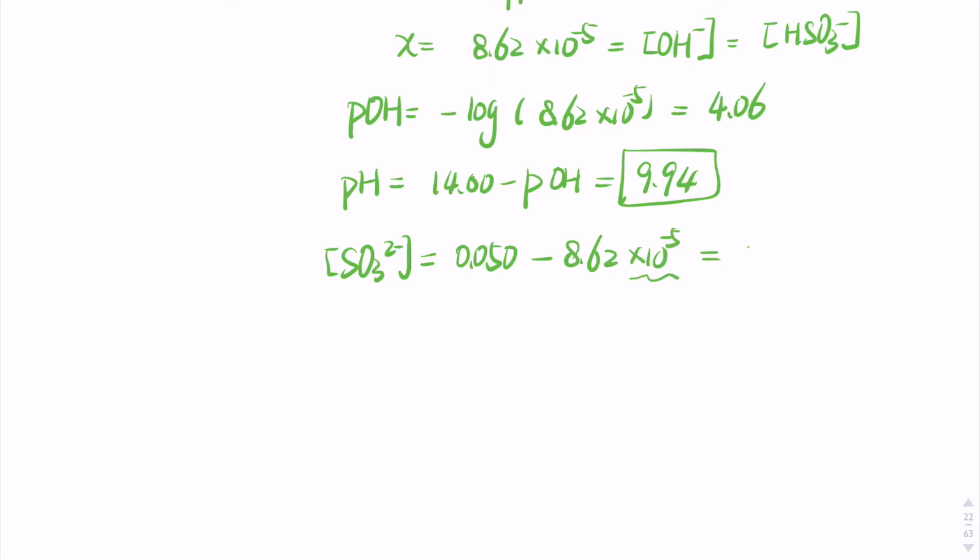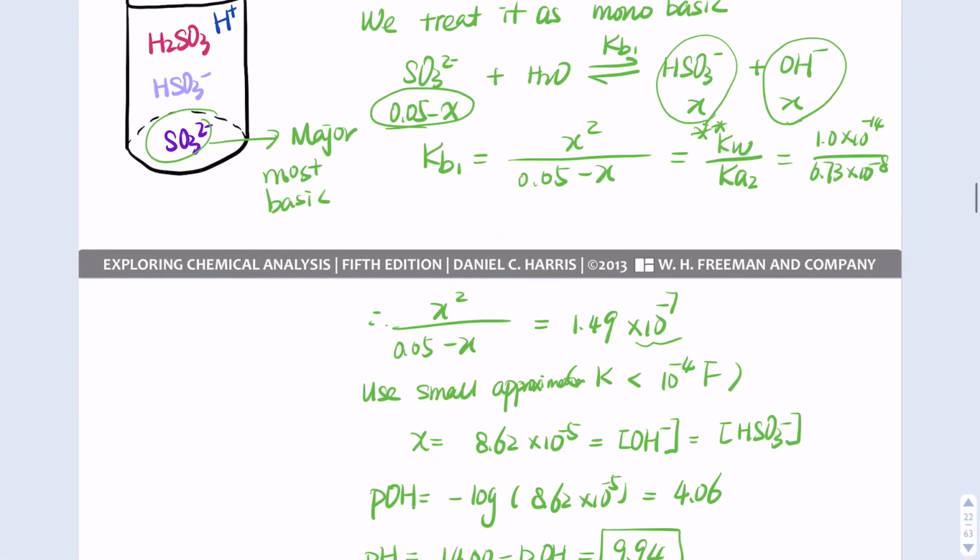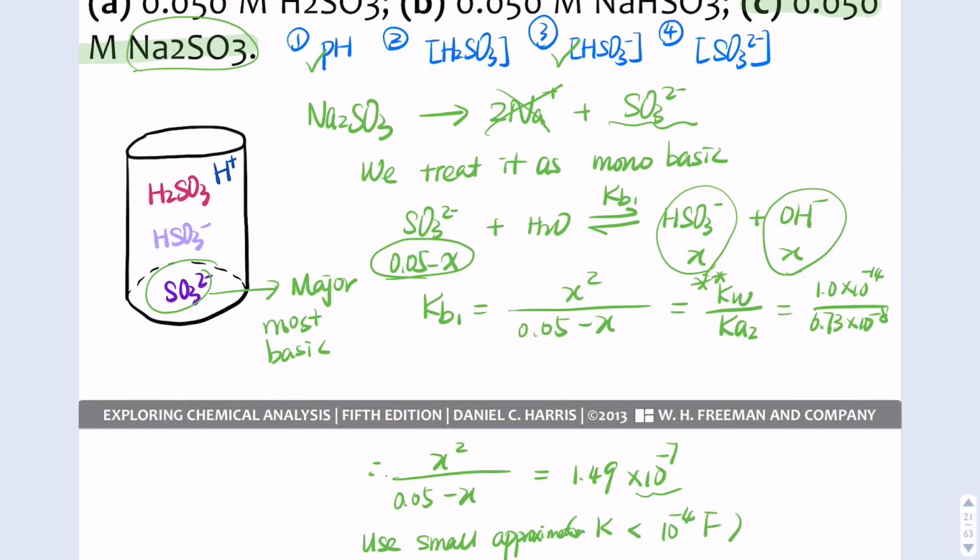This is such a small value that it's approximately still 0.05 molar. That's something we could also anticipate, because our solution is majorly the most basic form. That makes sense, so we also get this species.